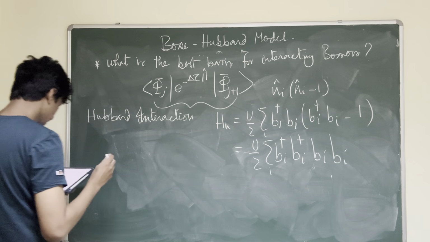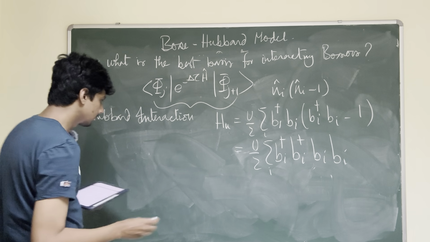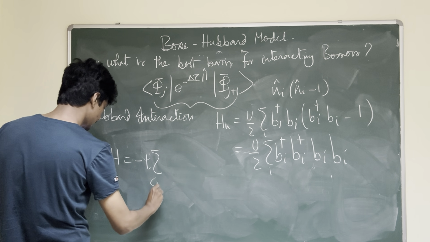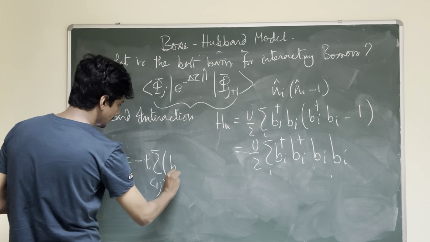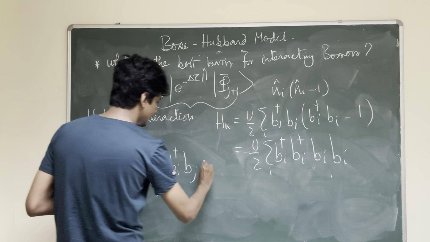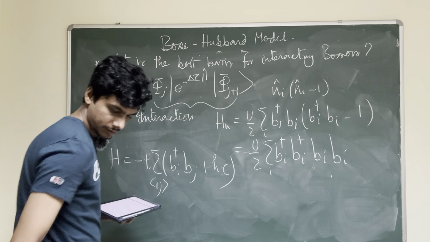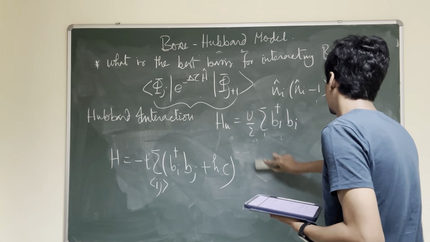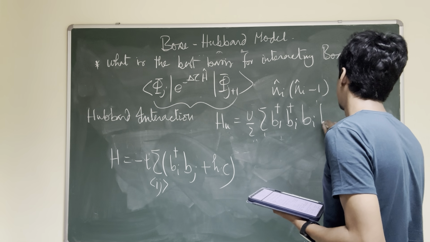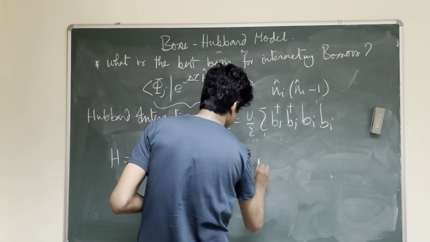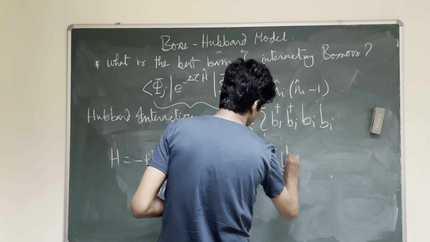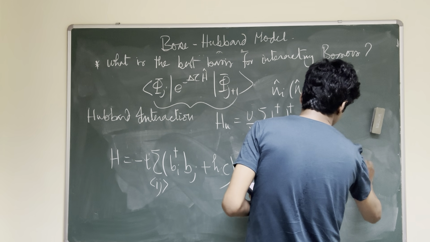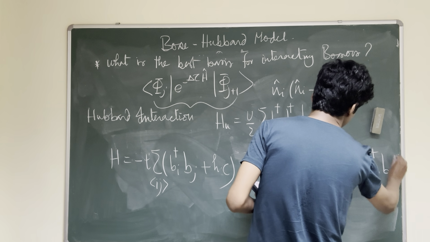So our Hubbard Hamiltonian after normal ordering, we can write like this: minus T ij Bi dagger Bj plus Hermitian conjugate, minus mu Bi dagger Bi, plus U by 2 Bi dagger Bi dagger Bi Bi.